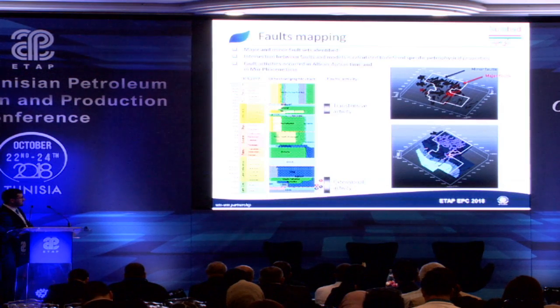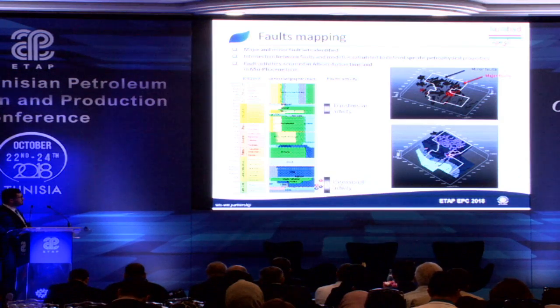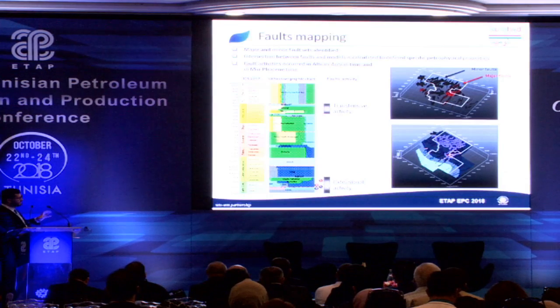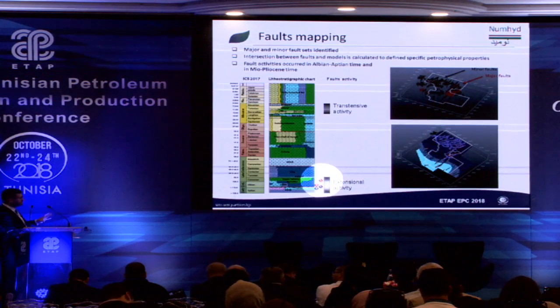Second point is the time of activation of faults. So in the Kabudia permit, we estimate that the faults are active first during a period of Aptian-Albian time. It's not really clear, but globally, these faults are active during the source rock deposition.